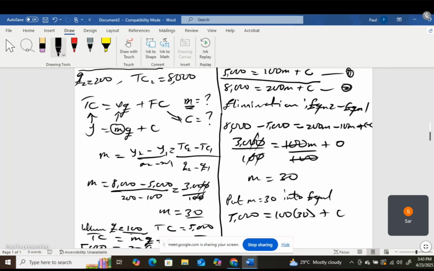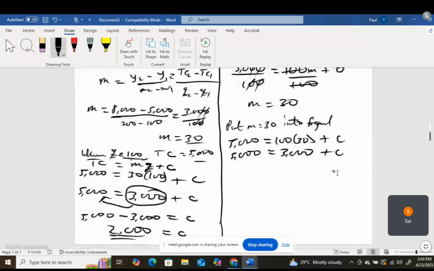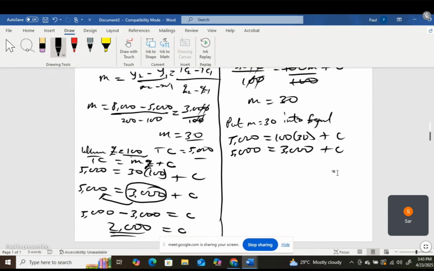When we put it in, we get 5,000 being equal to 3,000 plus C. Are we good? Now, this 3,000 here, we transfer it to the other side. So we get 5,000 minus 3,000 being equal to C. So 2,000 is our C.